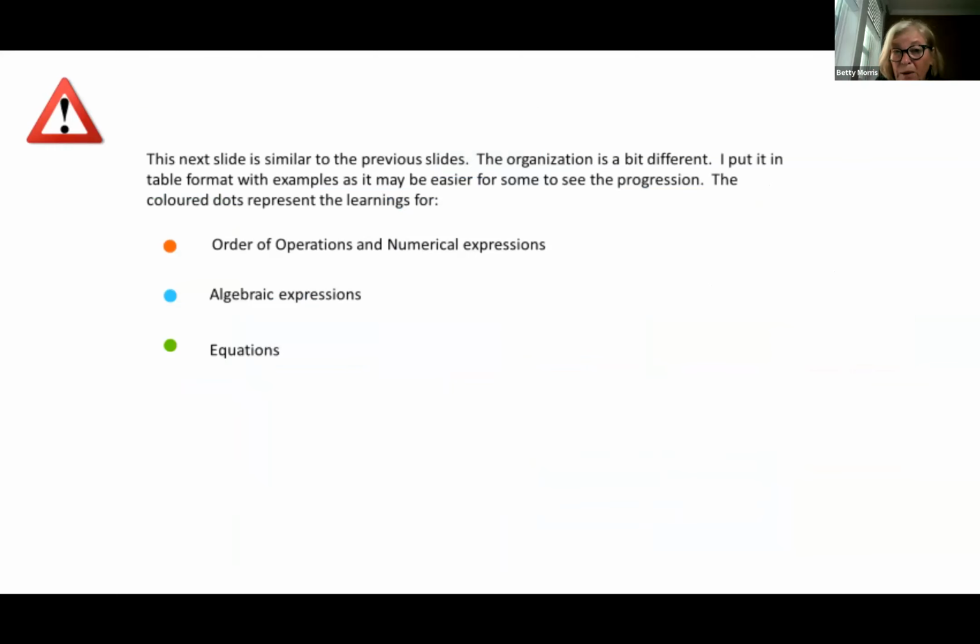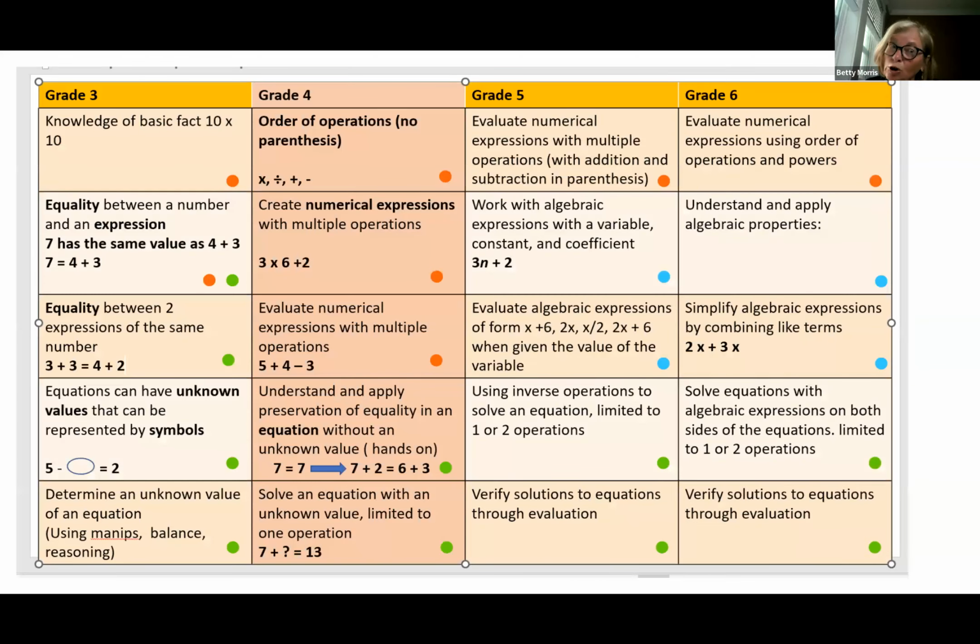So this is a little bit more busy, but this shows you, I started this from grade 3. And I'm going to focus on the orange ones. As they come into grade 3, it says they have to know their basic facts 10 by 10. If they don't know them, you're going to continue to work on them all the way through. Then again, we're looking at grade 4, order of operations with no parentheses. They're going to do all 4, but we're only looking at very basic, like you can see on the next one down, 3 times 6 plus 2.